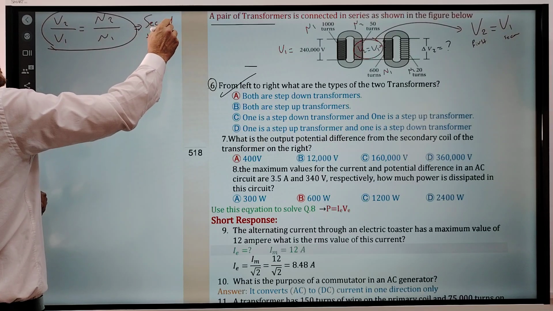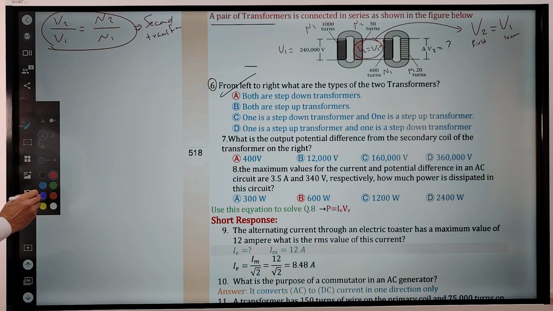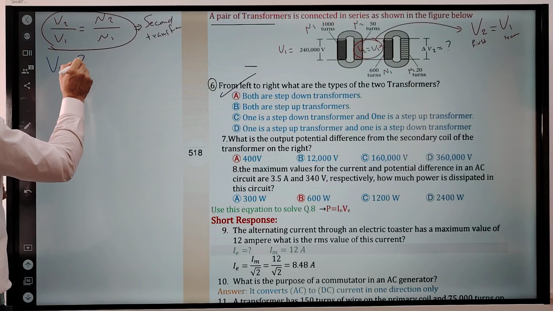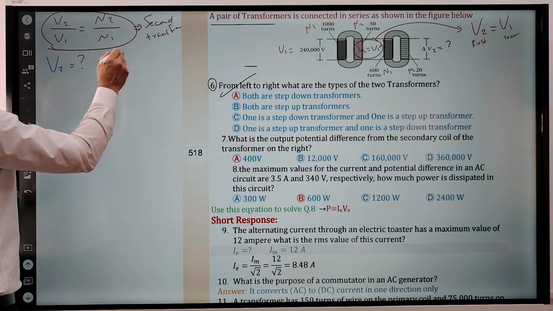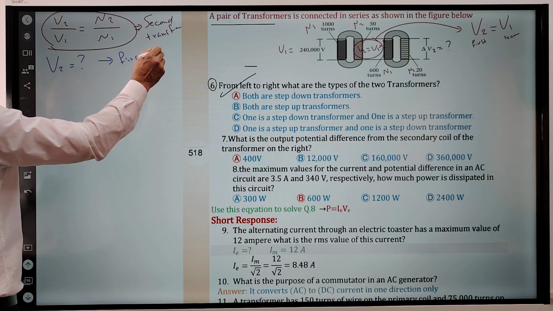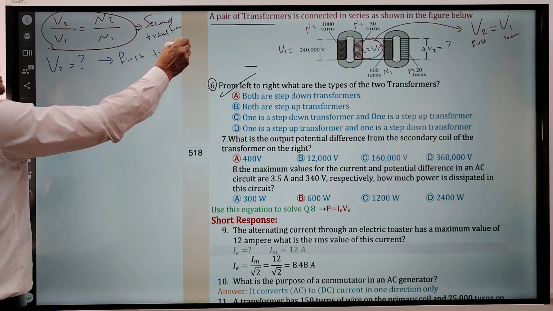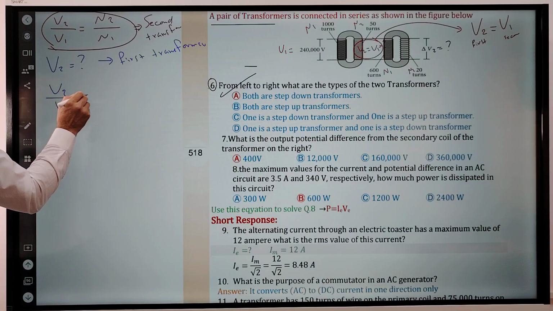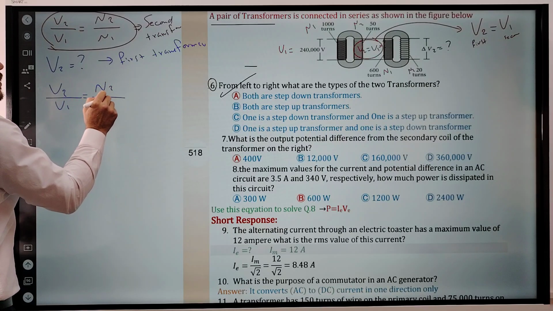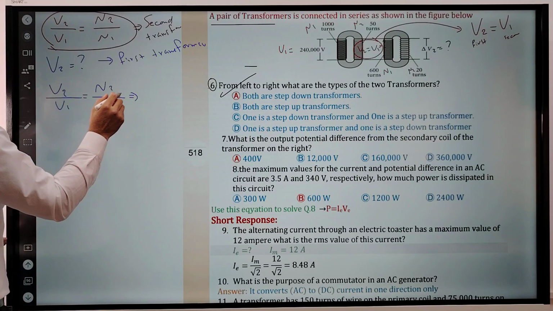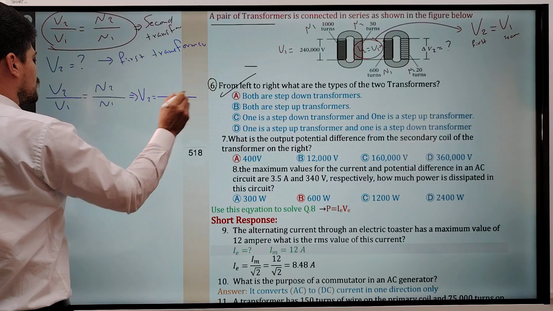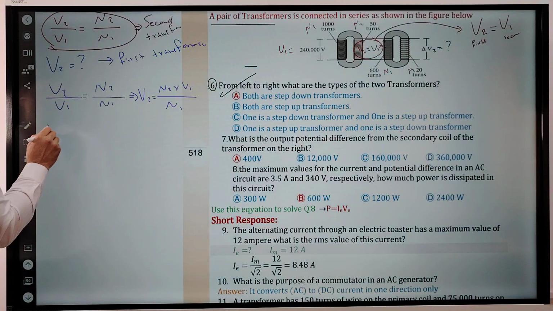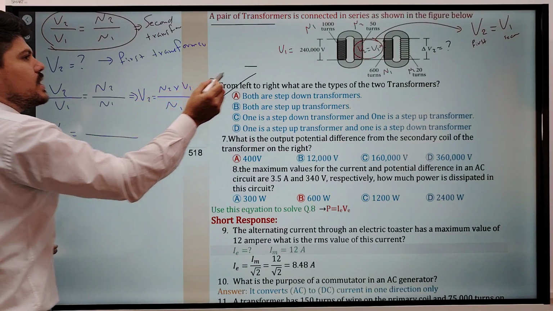Second transformer. But now we have to find what? We have to find V2, which is unknown for the first transformer. V2 over V1 is equal to N2 over N1. Rearranging the equation, V2 is equal to N2 times V1 divided by N1. Replace: do we have N2?